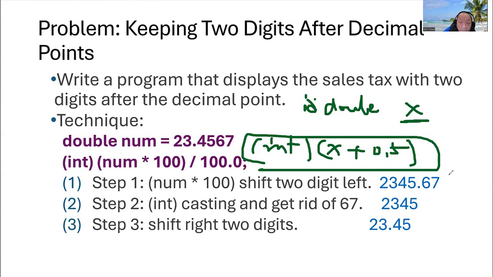Is that okay? Let's assume x is 0.49. 0.49 plus 0.5, you got 0.99. Take quantization, it's truncated, it becomes 0. If you have 0.51, you got 1.01, you truncate the 0.01, and you actually become 1. So this one will give you the rounding in the mathematical sense.